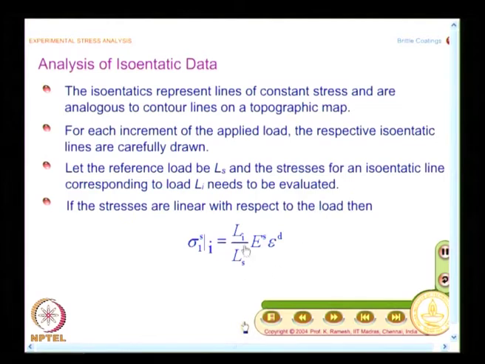For the reference load, I have the failure strain epsilon d, and for the given load it becomes Li divided by Ls into Es into epsilon d. So, I get the value of the specimen stress at the isostatic line given by this expression.